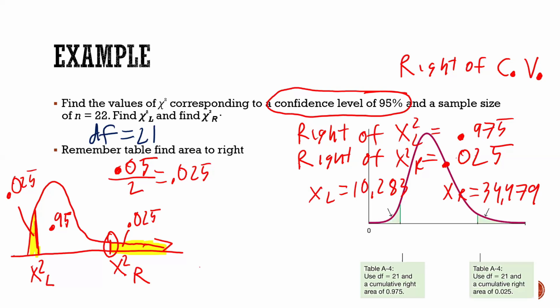So you can see these are our two values, right? This is 10.283. That's chi-squared L. One of them has 95% to the right. The other one has 2.5% to the right. So in between is 95%, which is our confidence interval. Did I answer your question, or do you still have one, Regina?